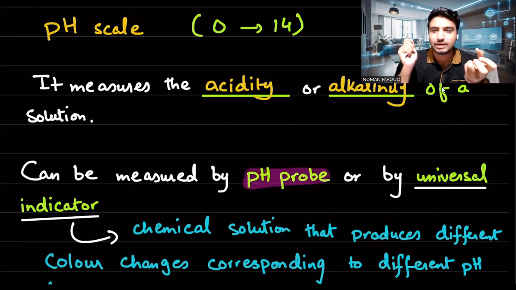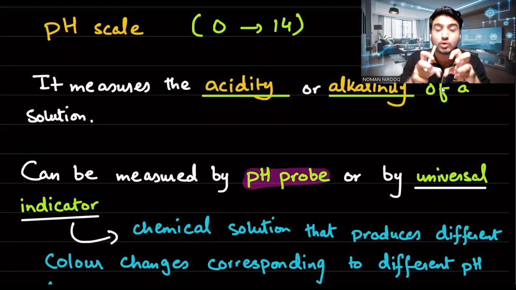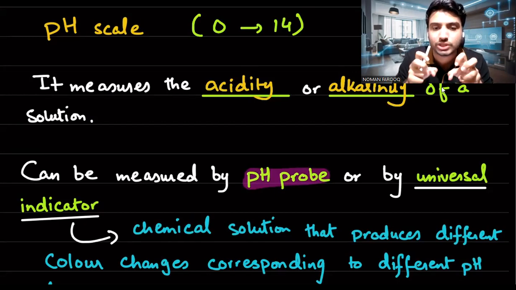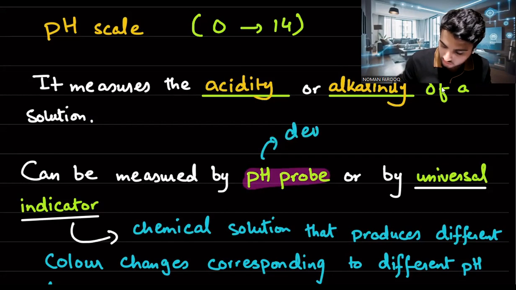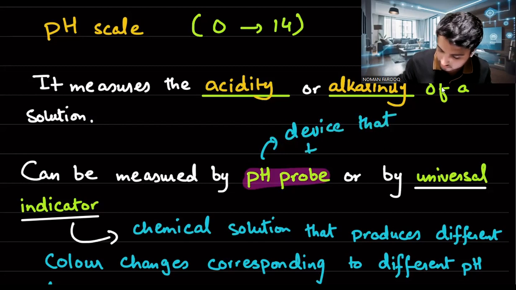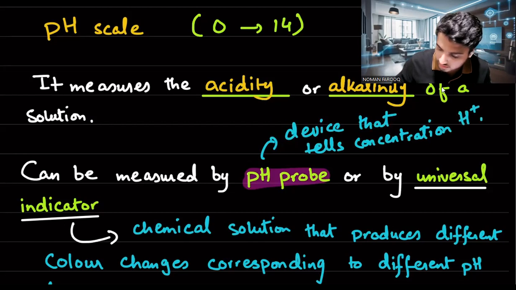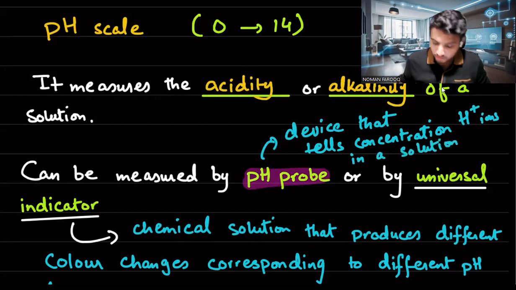So a pH probe is basically a device or instrument that tells us the concentration of H positive ions in a solution.